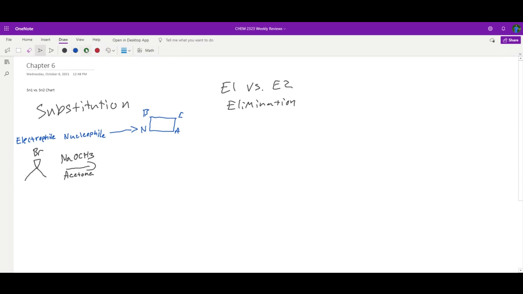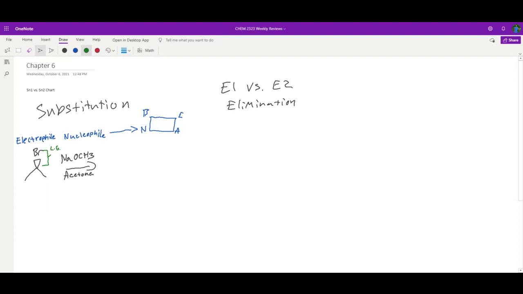Within the electrophile, this part right here is your leaving group, which we'll abbreviate LG.